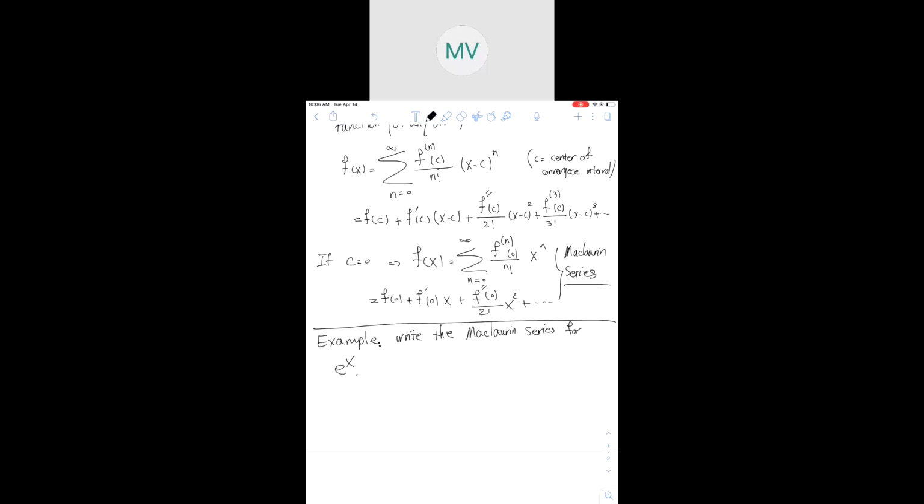So since any derivative of e to the x is e to the x, right? In fact, let me name it f of x, so it makes it easier.